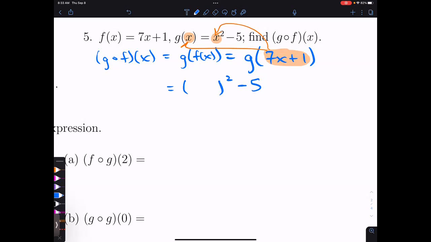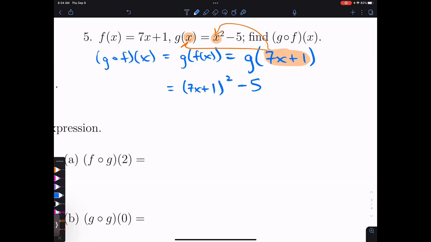That's what G of x being x squared minus 5 really means. It's things squared minus 5. Well, the thing that we're replacing that with is 7x plus 1. So it's 7x plus 1, treating it as a single quantity, squared minus 5.